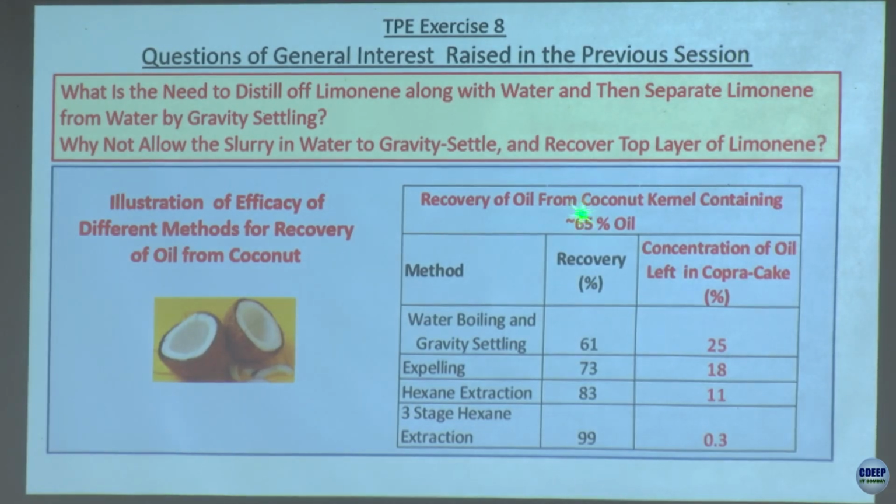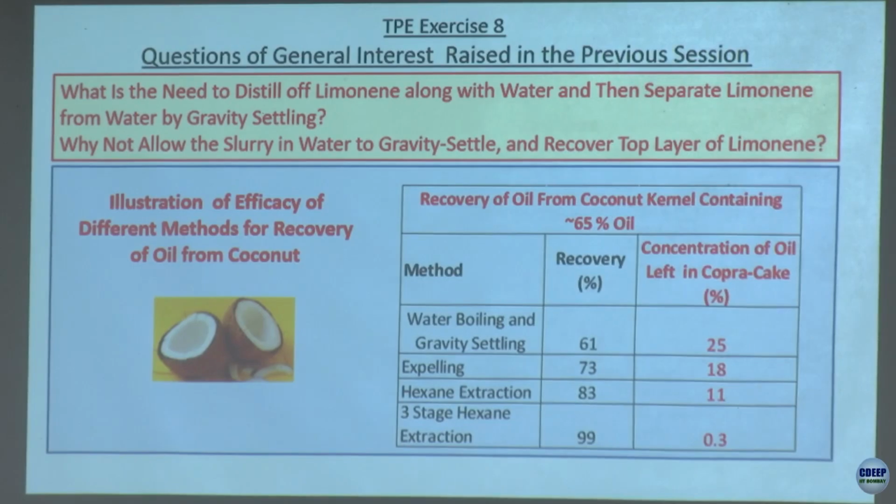The oil content in coconut is about 65%. The recovery by this process is only 61% of this 65%. So the residual concentration of oil in the copra cake, which will be the residue, will be about 25%. It is way above the 2% which is already present in your orange peel.